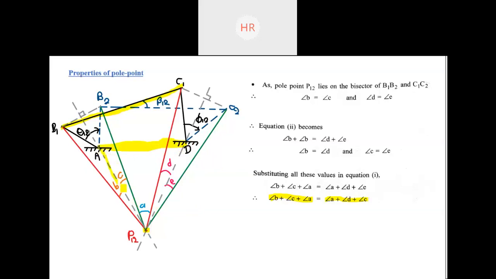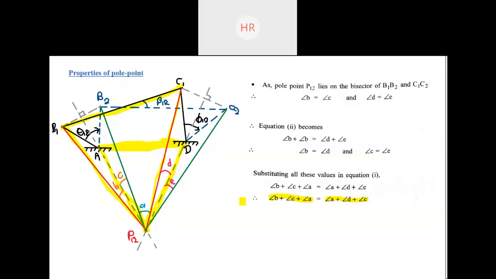So this angle over here is actually equal to the angle made by this link B1C1. This property we will use in solving examples, or in the procedure of synthesizing a 4-bar mechanism with the help of the relative pole method.